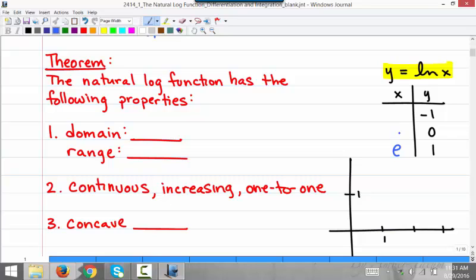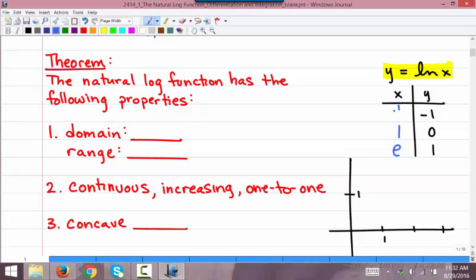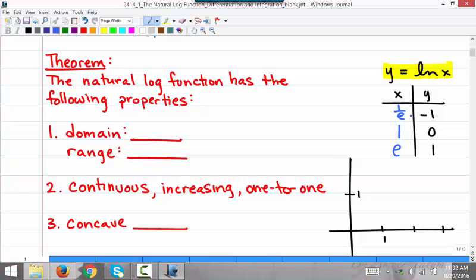Ln of 1 is 0. And ln of 1 over e is -1. Usually when I introduce the log function, you do the exponential function first, and you see that exponentials and logs are inverses of each other. But this is how the book does it, so this is what we're going to do.